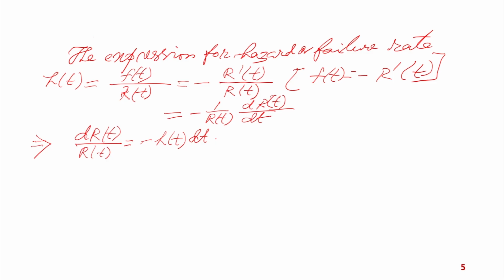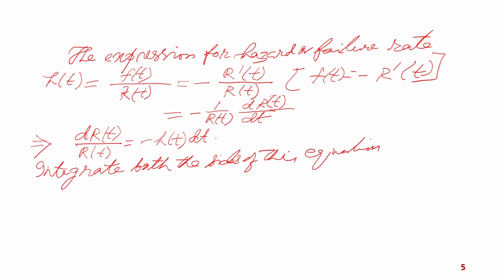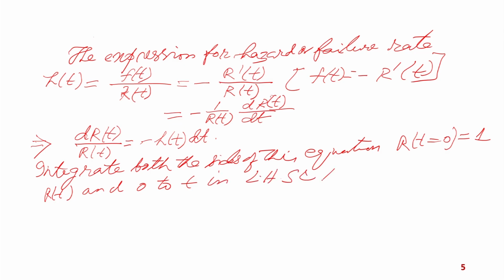So, now we will integrate both the sides of this equation with the limits. The limits will be R(0), which is equal to 1, to R(t) on the left hand side, and 0 to t on the right hand side respectively.